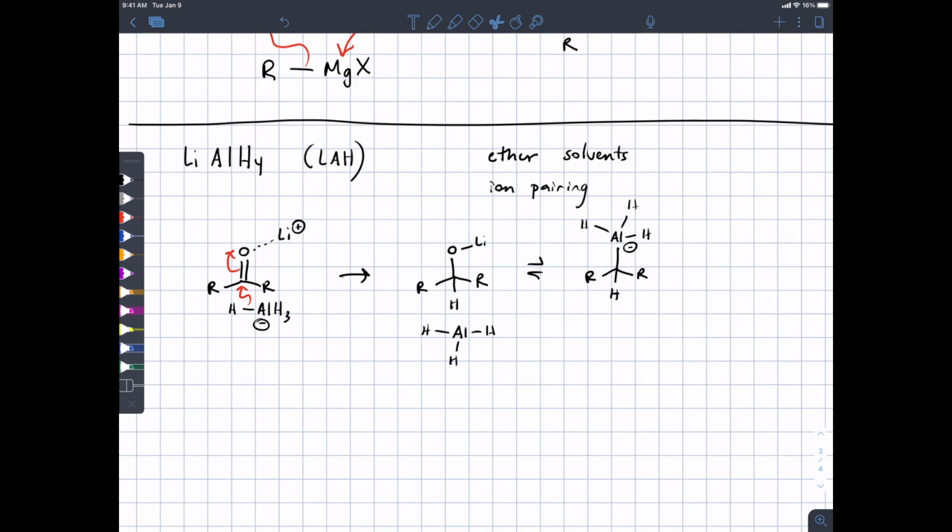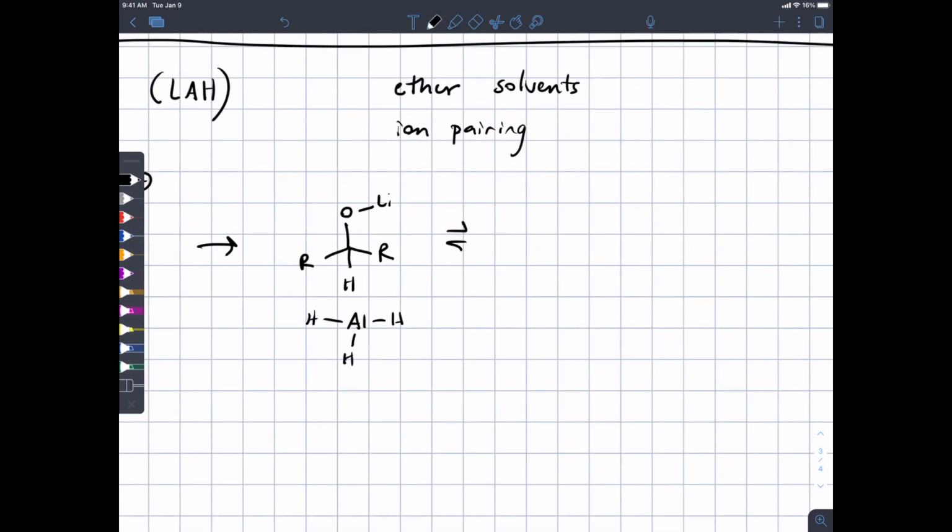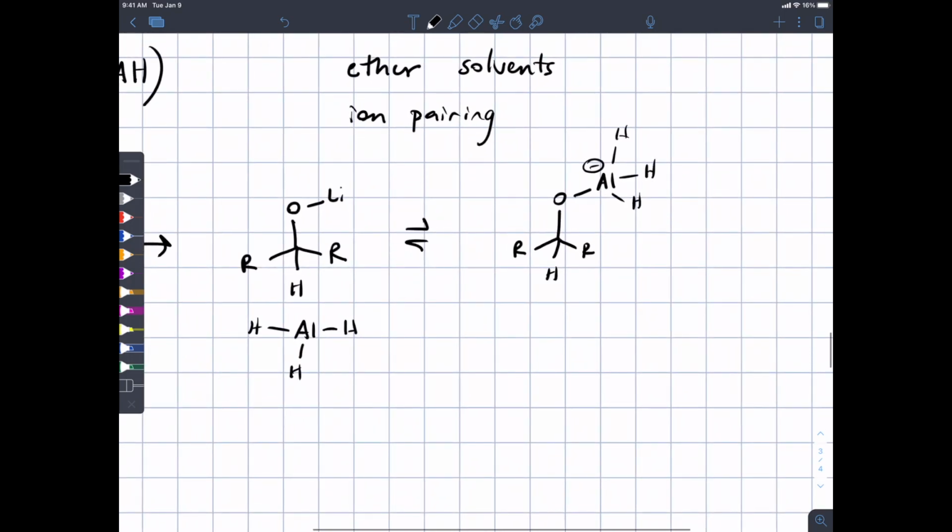Whoa, what the heck? Sorry. That's terrible. I'm just going to delete that entirely because we somehow lost the oxygen. So the aluminum will replace the lithium, and that makes the aluminum reactive again as a hydride delivery reagent.